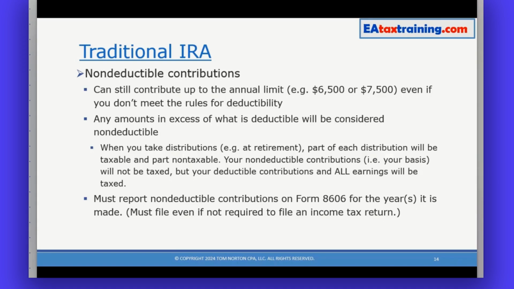But with a Roth IRA, any earnings on your contributions are not taxable. So if you cannot make deductible contributions to a traditional IRA, you are going to be better off making contributions to a Roth IRA instead.